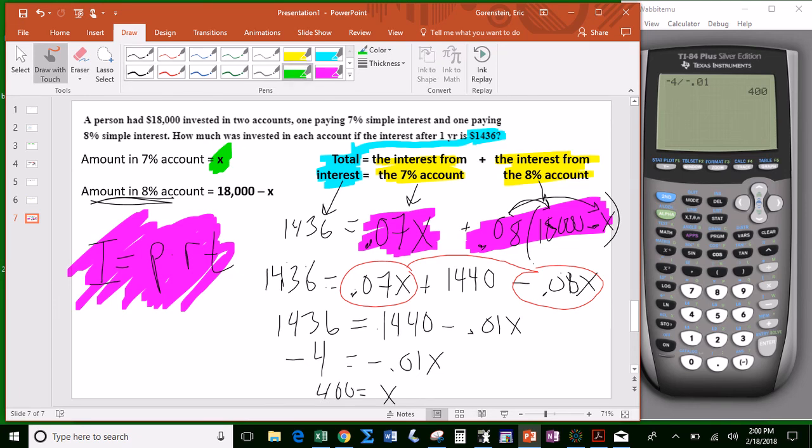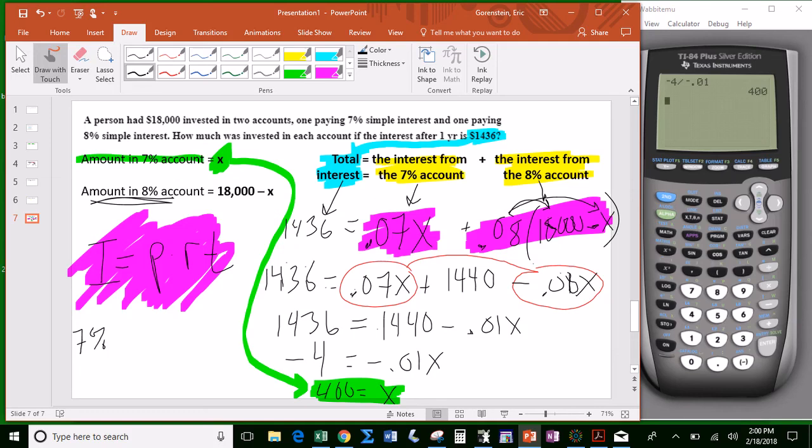And that's that x. We defined what x stood for before we started the problem. We ended up with x is 400. Going back to the beginning, amount in 7% account is 400. Okay, so that means 7% account is 400 bucks, and the rest is going in the 8% account.